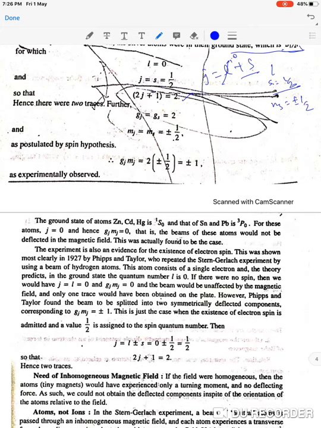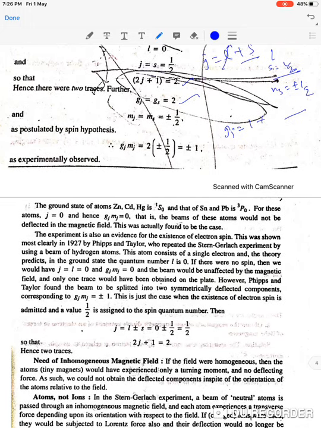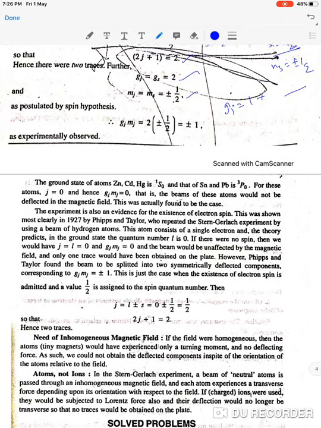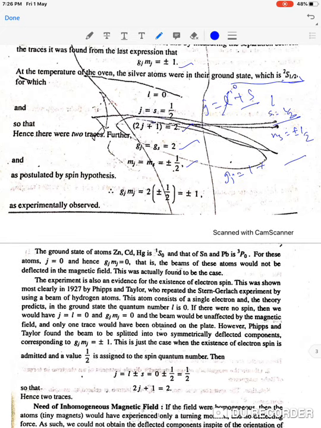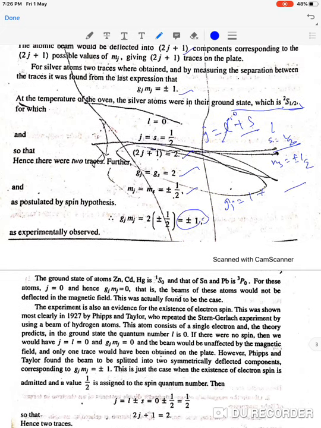Okay, so further gJ comes out to be gS only, and you can calculate gJ using this relation, the Lande g factor, and we will get gJ is equal to gS is equal to 2. So mJ is equal to mS is equal to plus minus half, as postulated by the spin hypothesis. gJ mJ is equal to plus minus 1. Okay, this is what the spin hypothesis says.